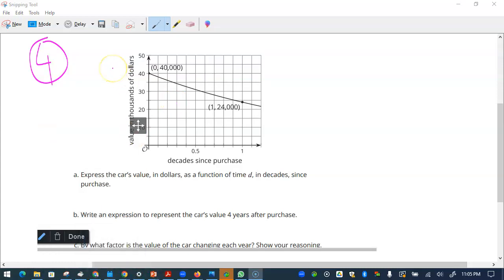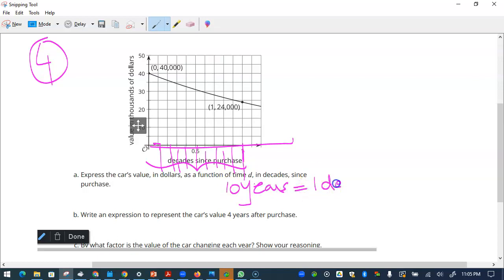This is about how many decades pass. This is 1 decade, right? A decade has got 10 years, right? 1 decade, 2, 3, 4, 5, 6, 7, 8, 9, and that's 10. So 10 years is called 1 decade.